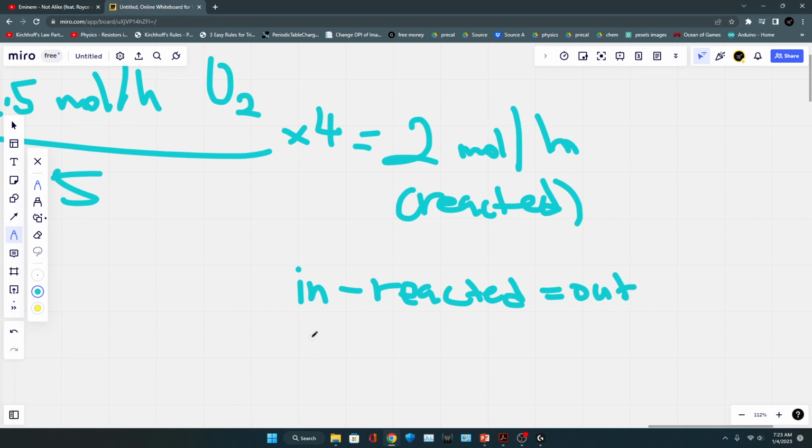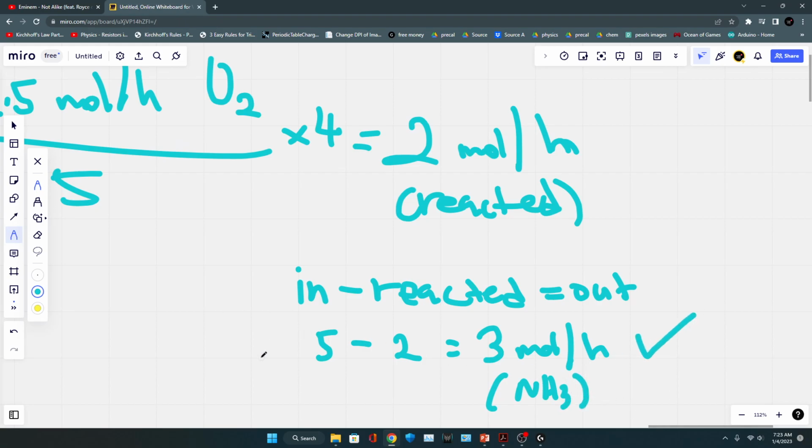So the amount of ammonia coming in is 5 moles per hour, and we subtract the new information we got here, which is 2 moles per hour of ammonia that has reacted with oxygen. So we shall get 3 moles per hour for the amount of ammonia coming out in the outlet stream. So this is for ammonia. Okay, so this is our second answer.